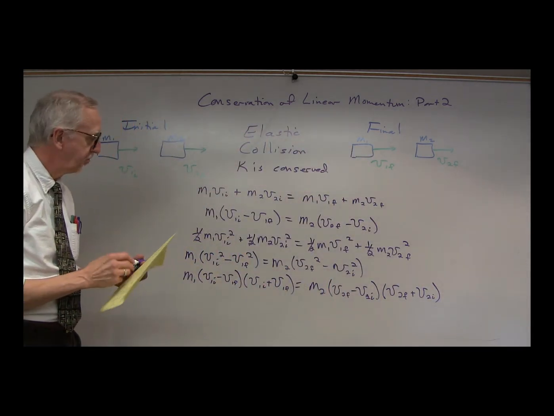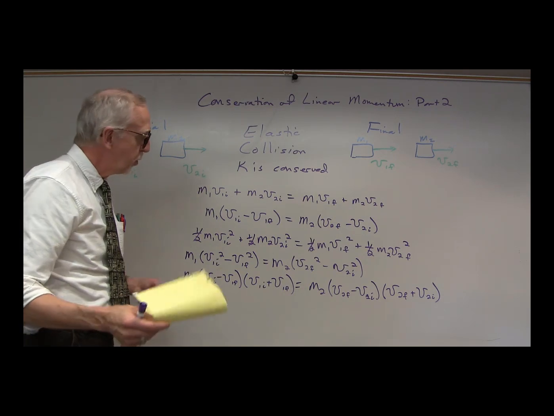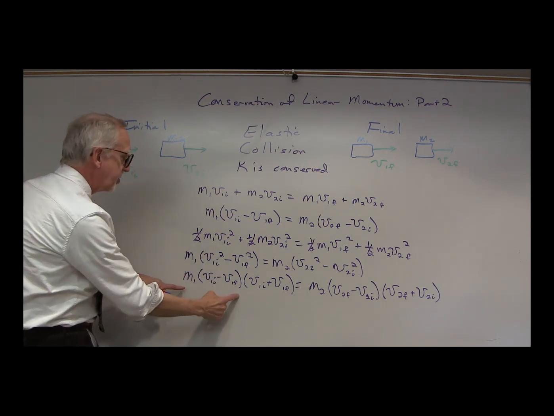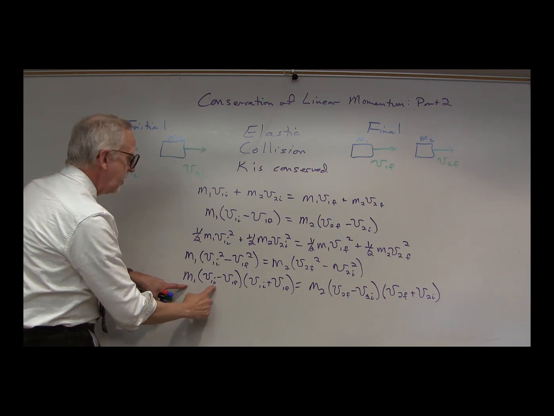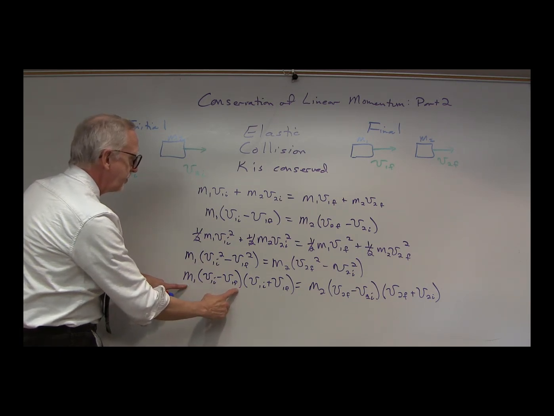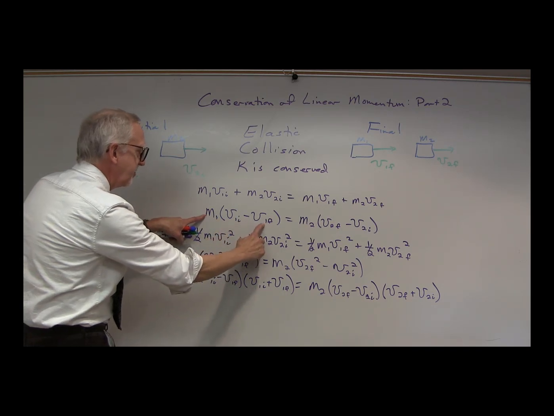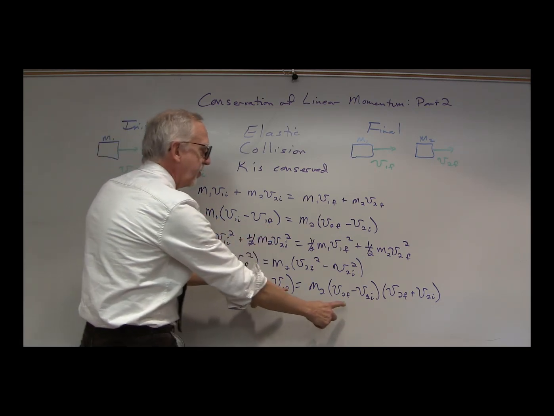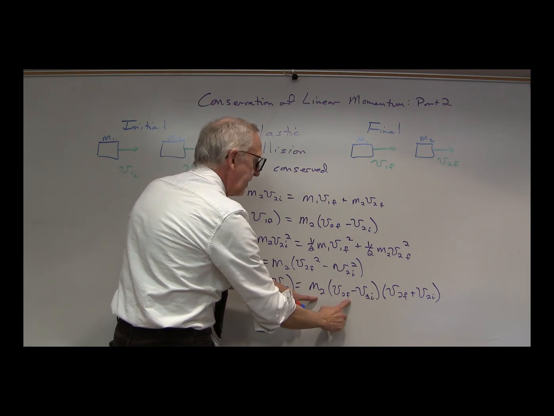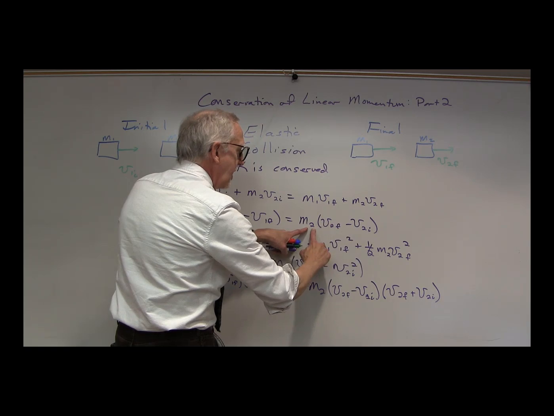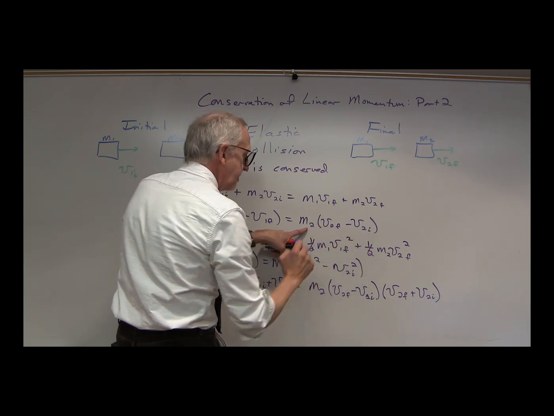Okay, there we go. Now, notice, what do we have here? The first term here, m1 times v1 initial minus v1 final, is exactly what we have here, m1 times v1 initial minus v1 final. And the first term over here, m2 times v2 final minus v2 initial, is exactly the term we have up here, m2 times v2 final minus v2 initial.